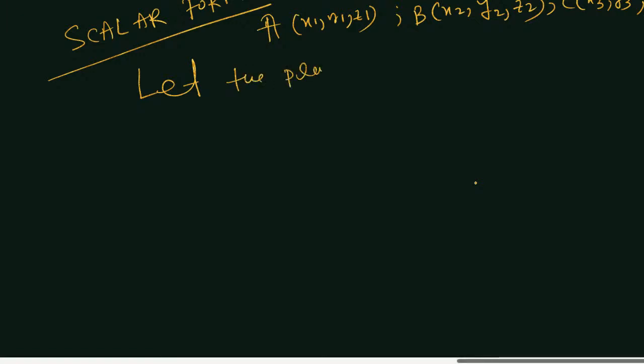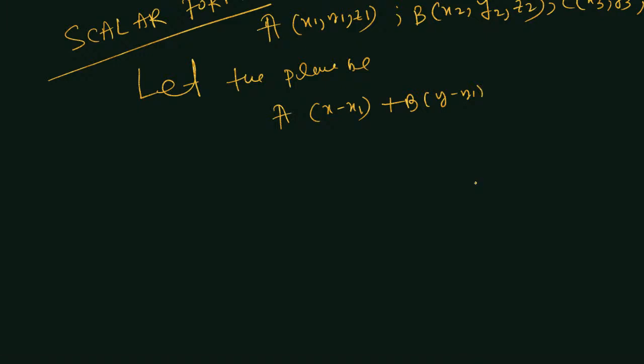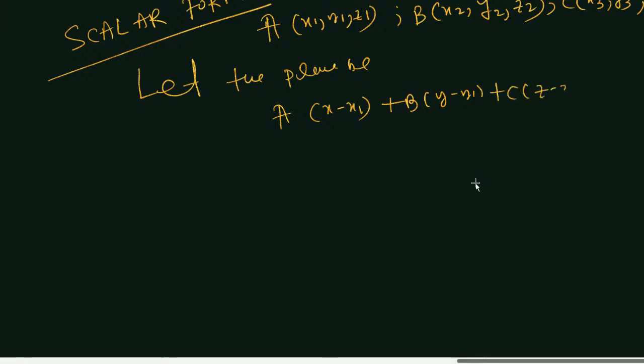Let the plane be ax plus by plus cz minus z1 equal to 0. Number 1: it passes through this point, so it will satisfy this equation. You put it here.